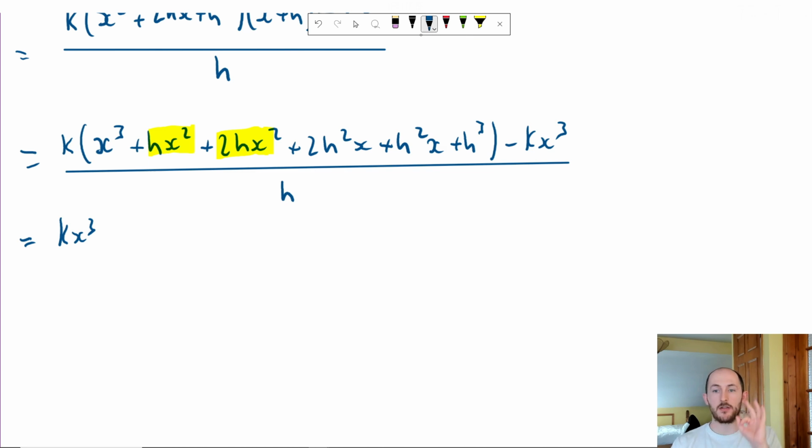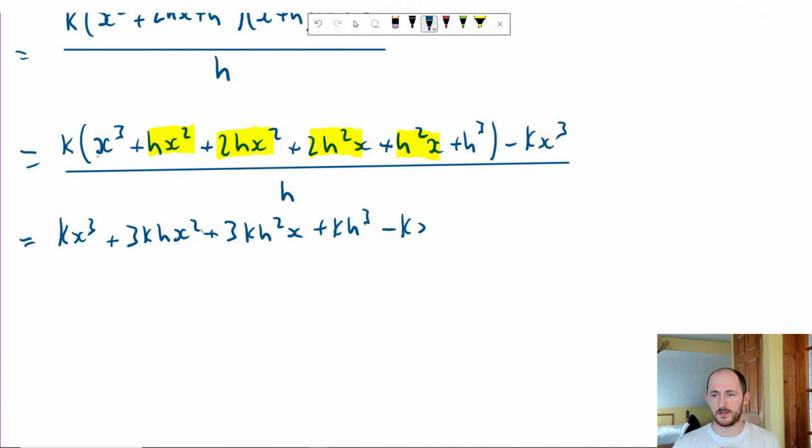So that gives me 3hx squared times k, so that's 3khx squared. Then we have h squared x, so that's 3h squared x times k, so that's plus 3kh squared x. And then lastly we have h cubed, so we have kh cubed.